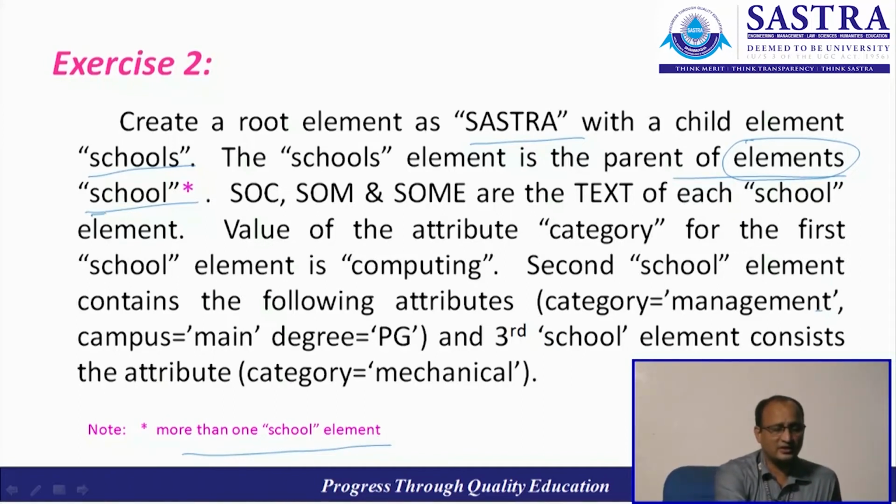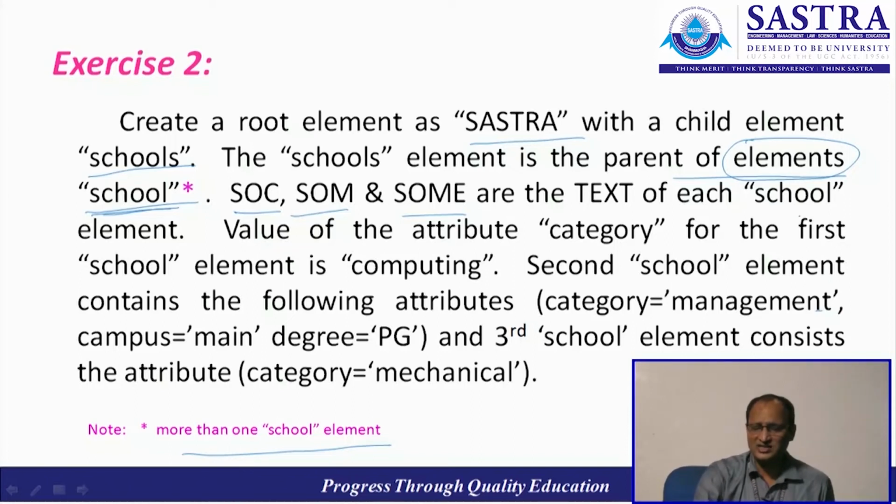Look at there, this is the school element, it is a child of schools. Okay. So, the schools element is the parent of school. So, I have SOC, SOM, SOME: School of Computing, School of Management, School of Mechanical Engineering.